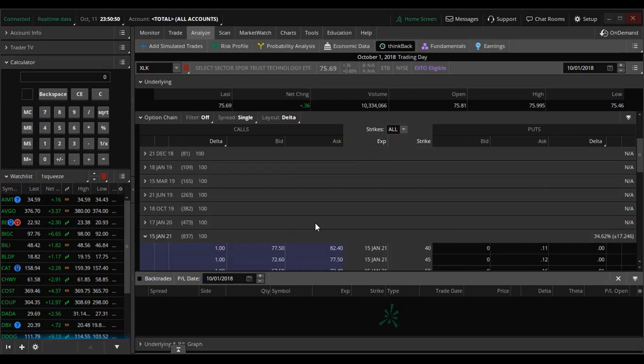So if you didn't want to pick an individual stock, what you could do is pick an ETF that holds a basket of stocks and then buy a call option in this.